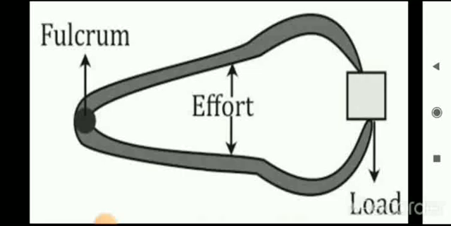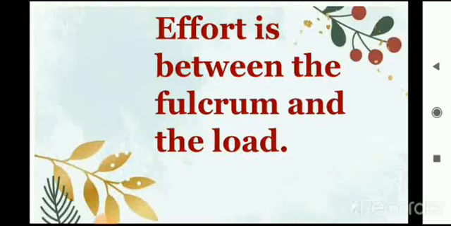So when effort is between the fulcrum and the load, then it is a third class lever. Clear? And what are the examples? You can take tongs, ice tongs, human hand, fishing rods. These all are the examples of third class lever. Clear?